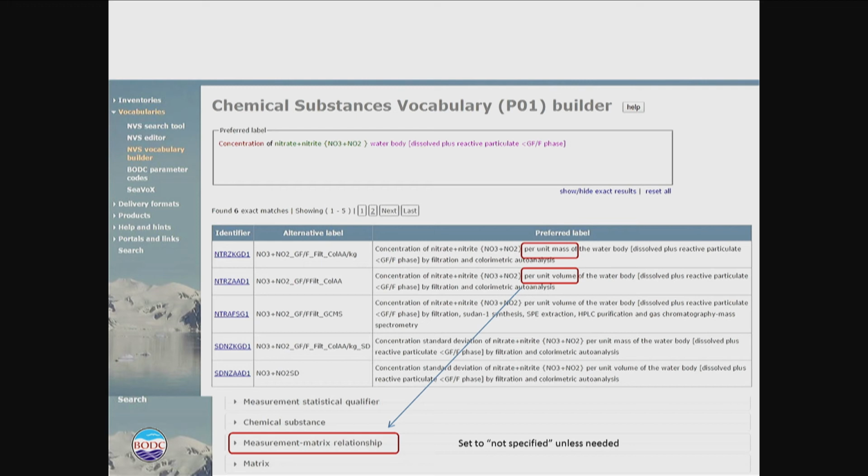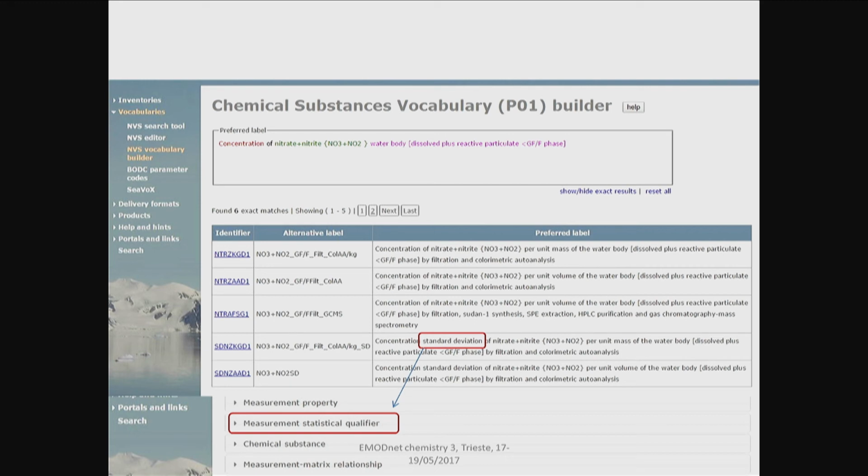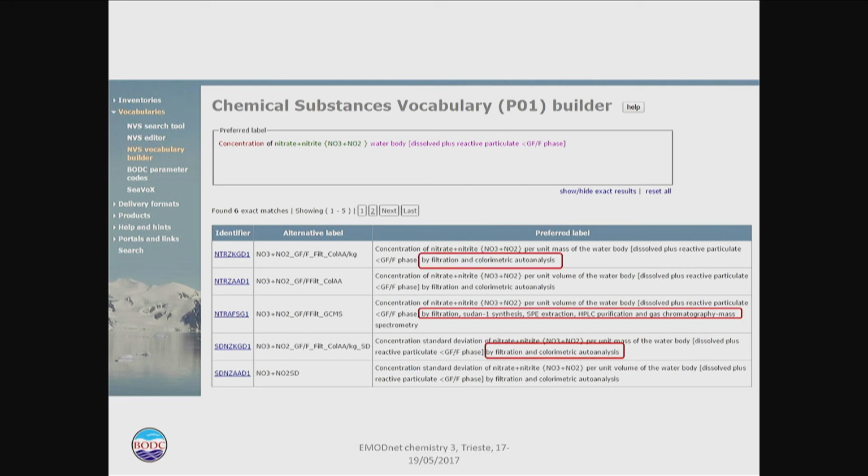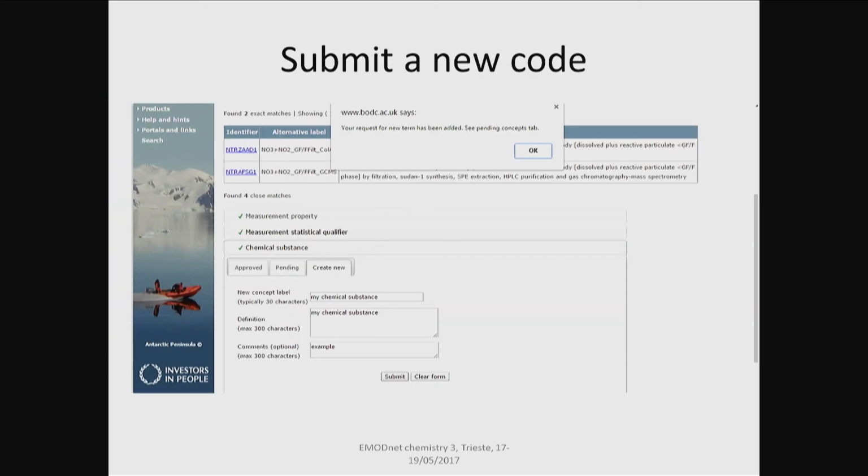Apart from the 3 key elements, you've got, as I mentioned before, the measurement matrix relationship, which will create some diversity in the returns. And then the statistical terms. And then the methodology, which again creates additional records.